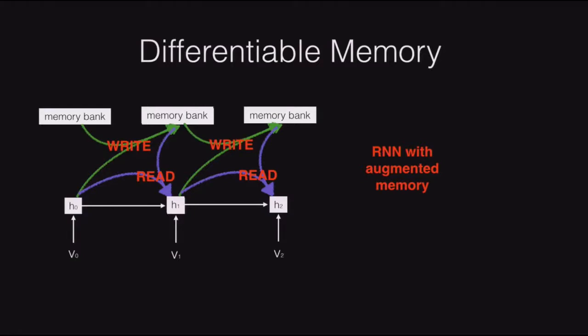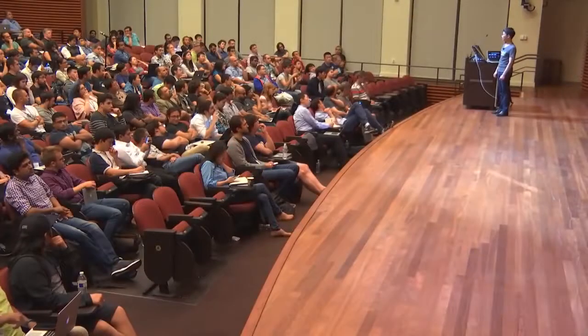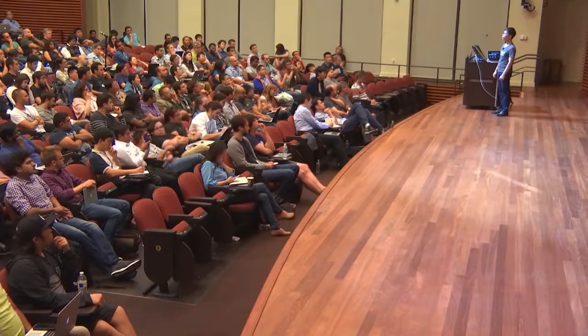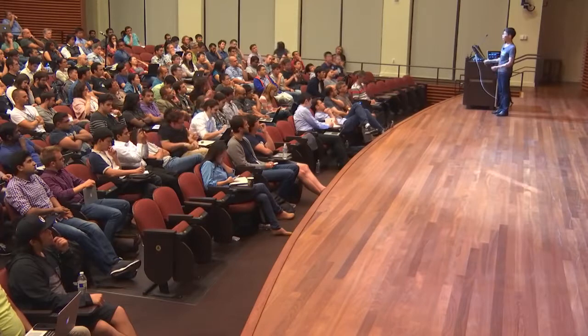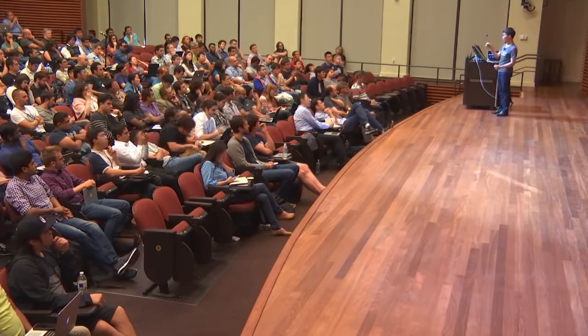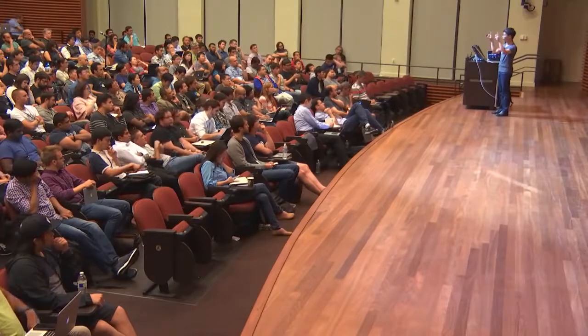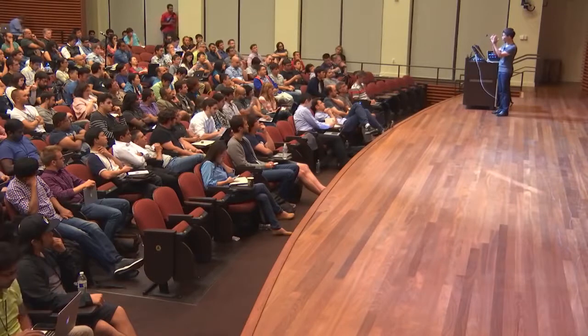Any question? The question is, when you read, do you read the entire memory bank? A lot of these algorithms use soft attention, so yes, it will look at the entire memory. You can actually predict where to look and then read only that block.